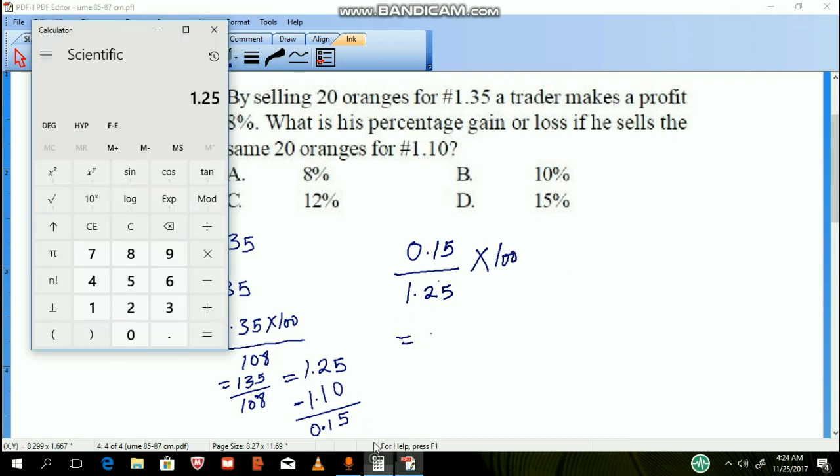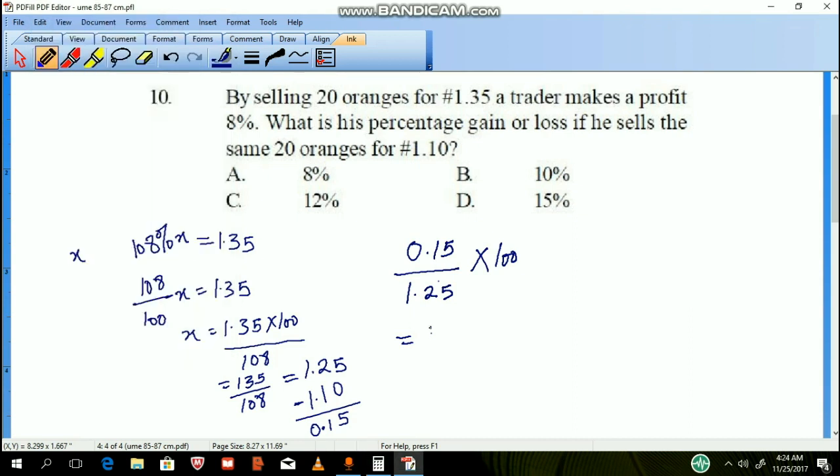So therefore we will be having 0.15 divided by 1.25, then times 100. Of course that would be 12%. So that amounts to 12 percent. So our answer is option C.